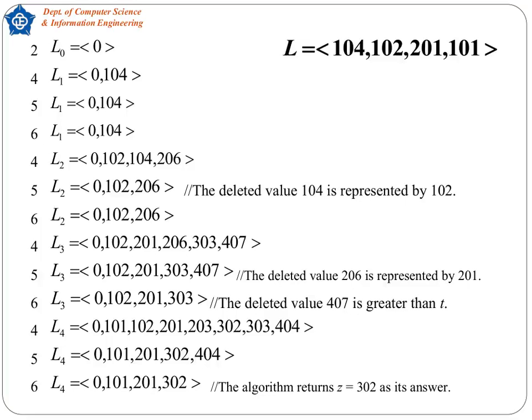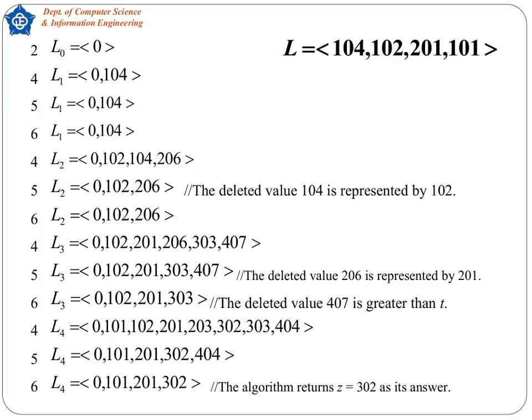Add 104 → 0, 104. No pruning needed, so L1 equals 0, 104. 3. Merge in 102 → 0, 102, 104, 206. Drop 104 because it's dominated by 102, giving L2 equals 0, 102, 206.